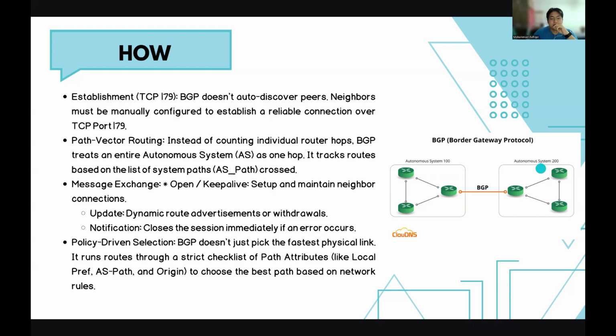Once this connection is active, routers communicate using four primary message types: Open and Keepalive to build and maintain the session, Update to dynamically advertise or withdraw network prefixes, and Notification to instantly terminate a session if an error is detected. Finally, BGP is completely policy driven. It filters these paths using unique path attributes rather than simply choosing the shorter physical link.